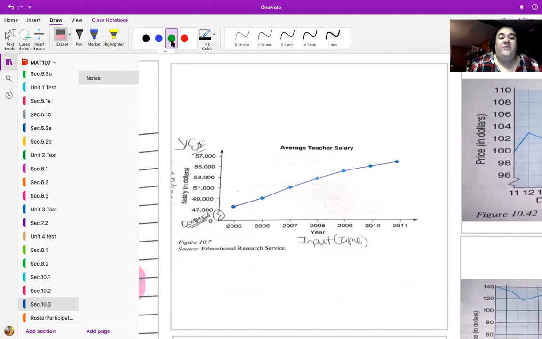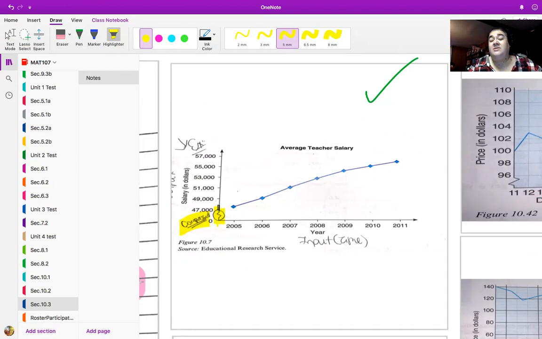This is the graph that is doing just fine. By the way, this is a symbol, and I'm going to highlight that for you. This symbol right here means that it is compressed. In other words, they know that they started at 0, and the first hash mark you're seeing is 47,000, and the one after that is 49,000, so they're really going up by 2,000.